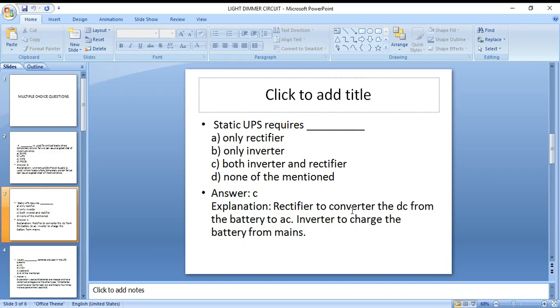Then we convert this DC to AC by using an inverter. So we require two operations, rectification and inversion. For that we need option C, both inverter and rectifier.